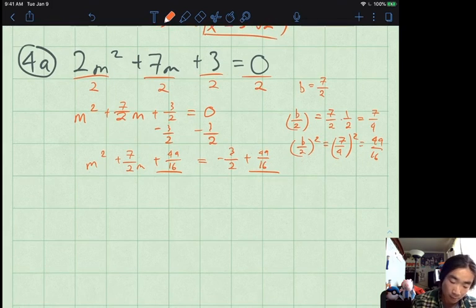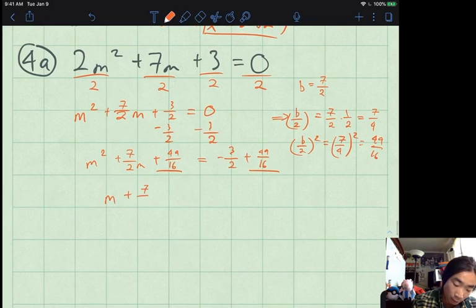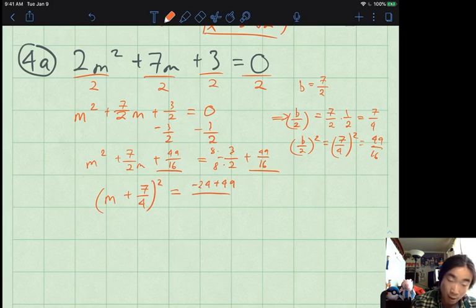Great. m plus, we look here for a b over 2 term, that's 7 over 4, squared equals this stuff. Okay, so I have negative 24 plus 49 on my numerator by making common denominators of 16. Looks like that. So now that's the 25 over 16.